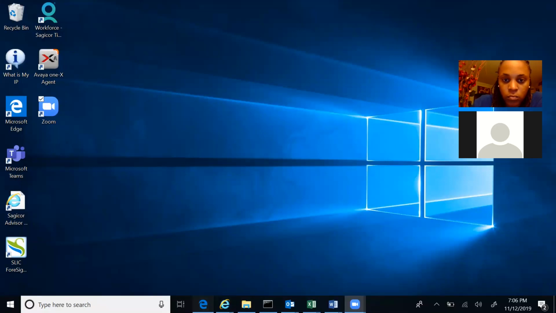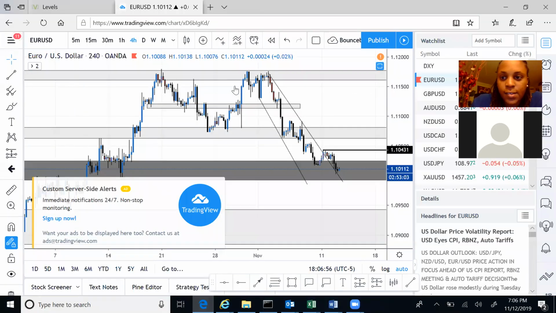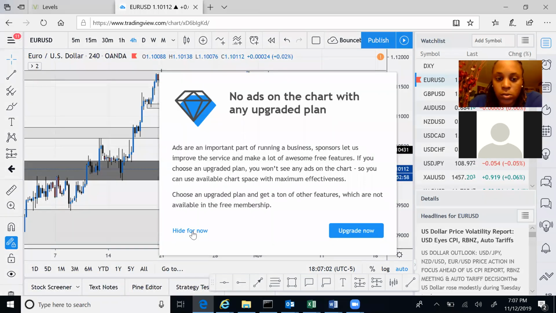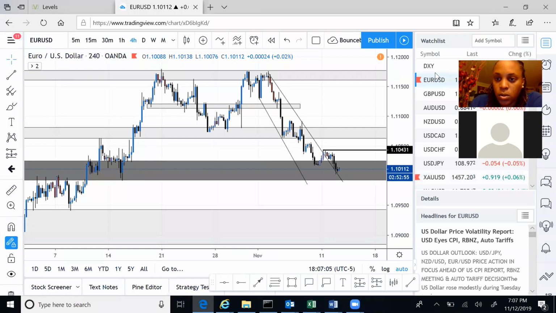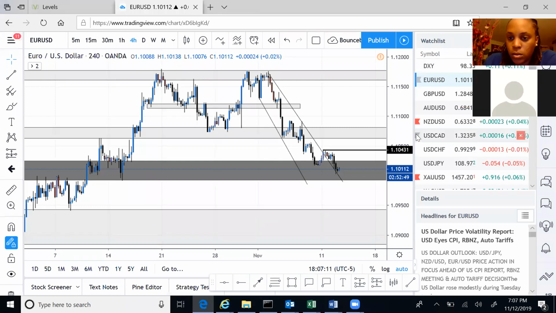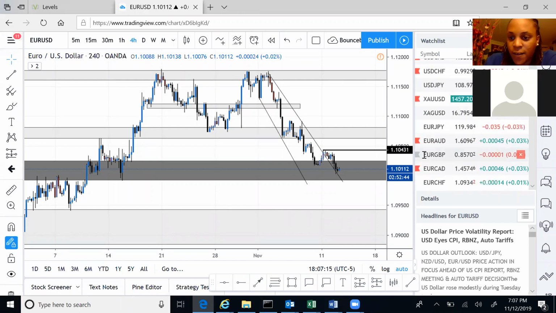All right, so I'm going to go ahead now and share my screen. Like I said, I am looking for some movements with gold, and ZUSD, UCAD, UCHF, right?